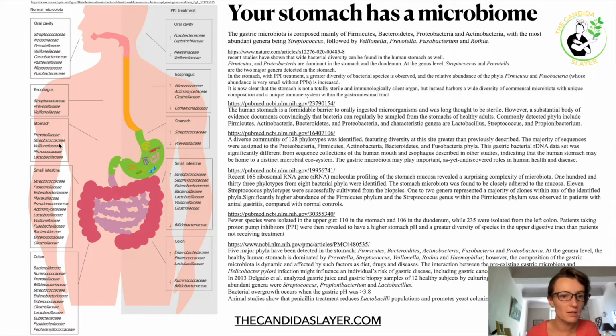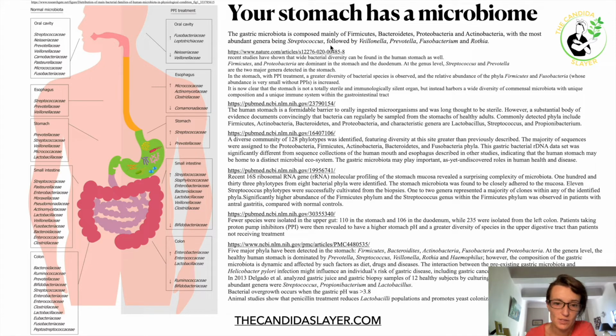Here the microbiome in the stomach. Here the microbiome in the small intestine, and here in the colon. So this is the normal microbiome in a healthy person, and here it's the unbalanced microbiome in a person that has been taking PPIs, antacids. Again, for more information about the dangers of PPIs, watch my video about that.